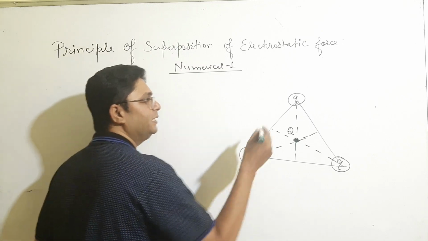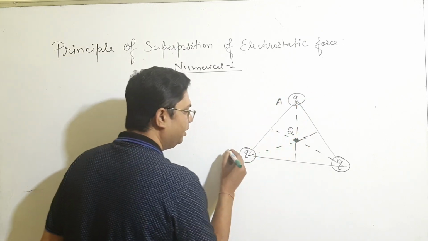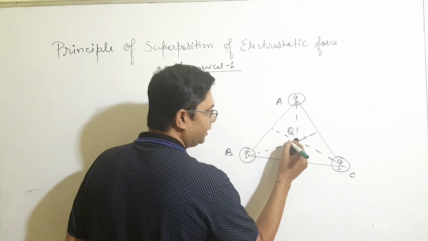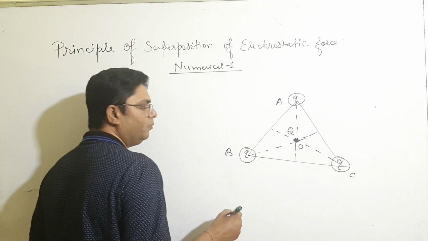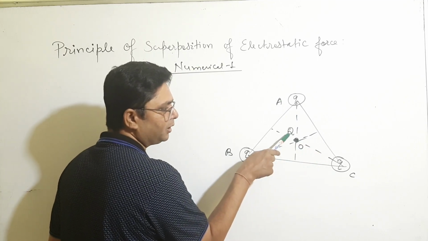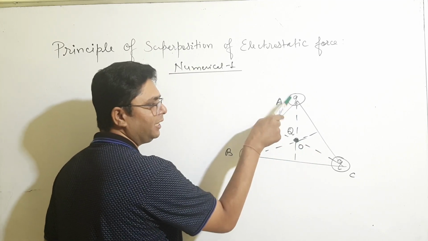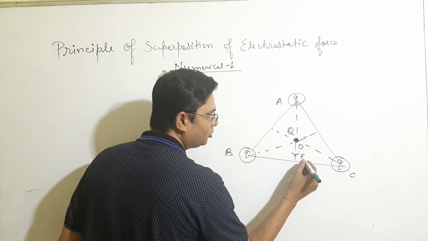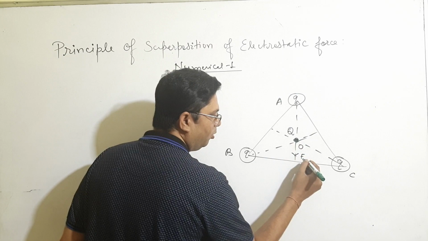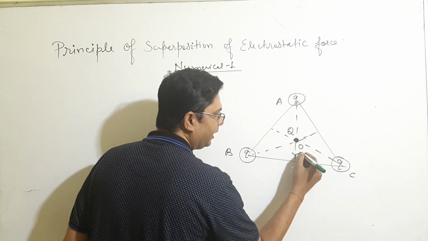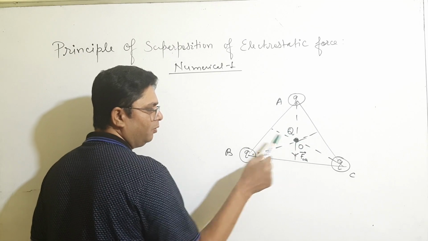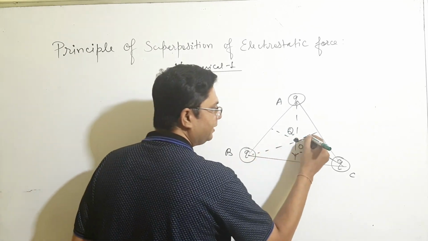For solving this, let us name the vertices A, B, C. This is O. Then the force on capital Q due to the charge at A is in this direction. This is the force on O due to the charge at A. In the same way, the force on the charge at O due to the charge at B is in this direction.